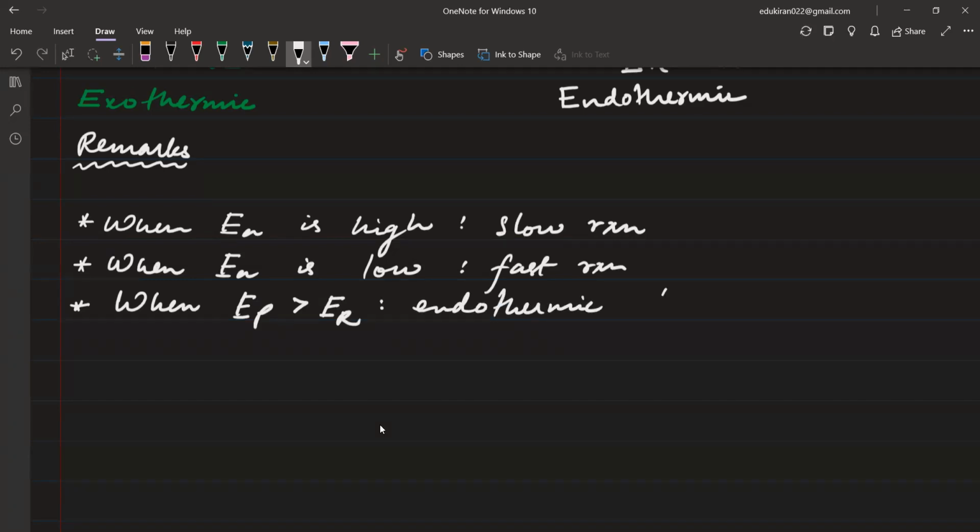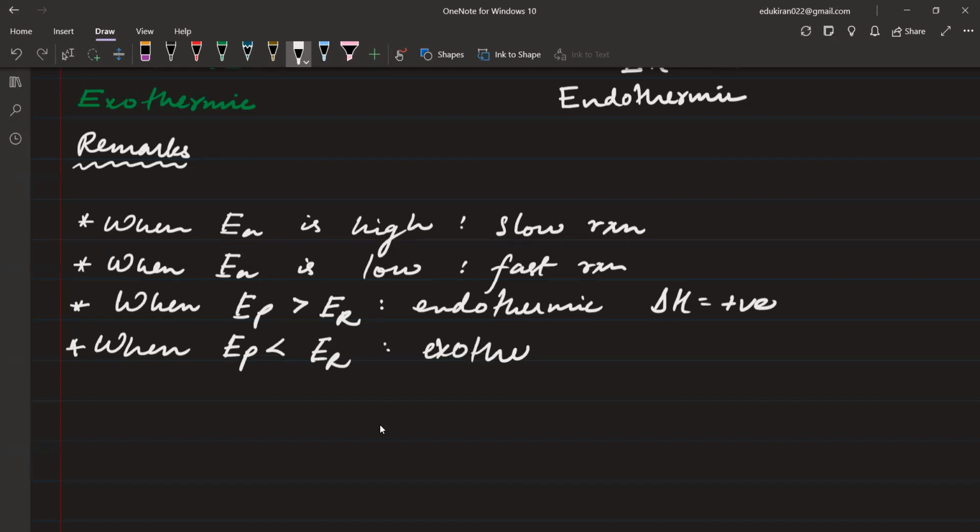Endothermic. Delta H इस case में क्या हो जाएगा? Delta H will be positive. When energy of product is less than the energy of reactant, this will be case of exothermic. And delta H will be negative.